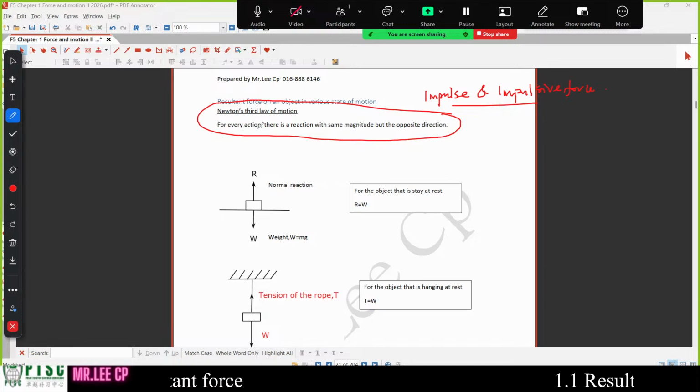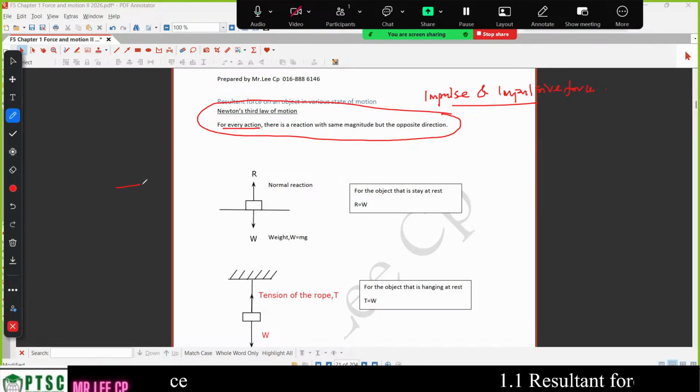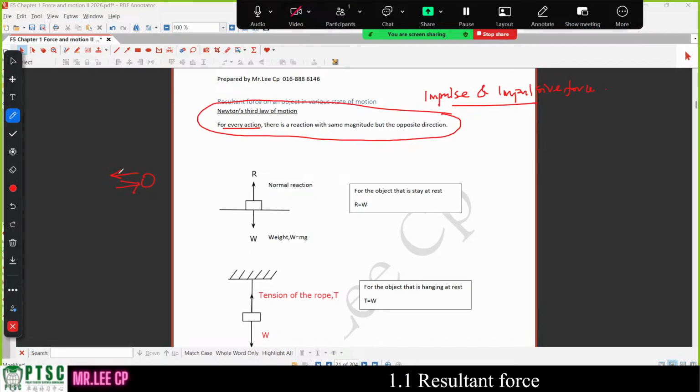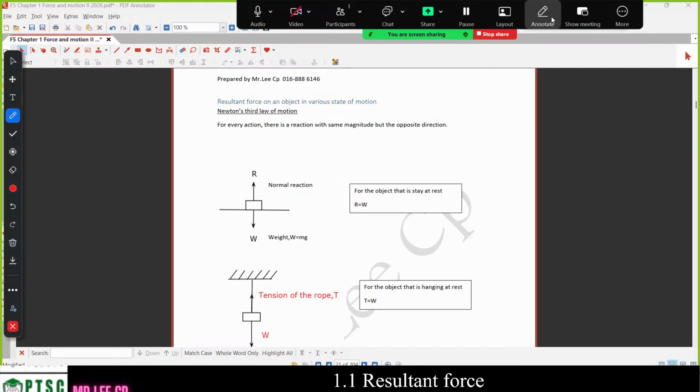For every action, when you kick a ball, your action is the force that you kick the ball with. So there is a reaction, the opposite. Same magnitude, but opposite direction.